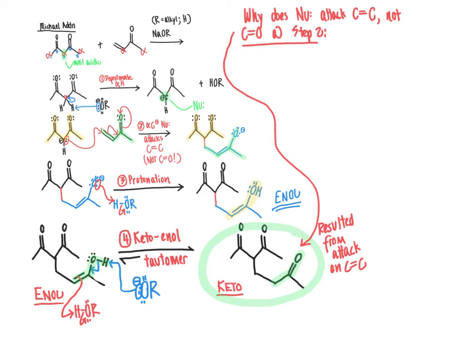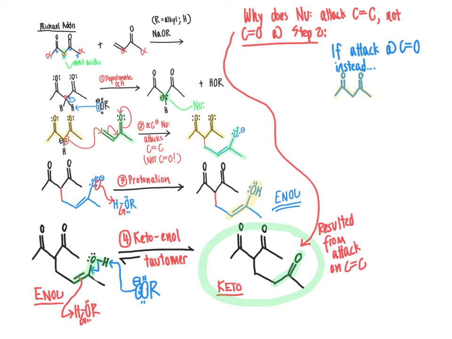If, on the other hand, the attack had occurred at the carbonyl instead, the product that we would have got out of that reaction would have corresponded to what I'm going to show you here, which is where we would have linked the starting structure, that is this group that we deprotonated. I'll highlight that in yellow on this product side as well for emphasis and to highlight who's coming from where.